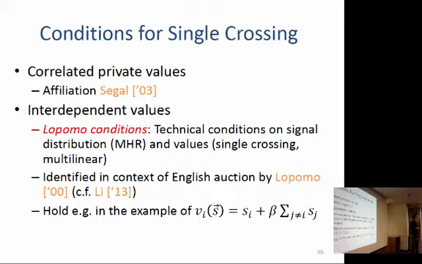I'm hiding the details here, but I want to give you just the feel of what these conditions are. And if they hold, then we have single crossing. I also want to point out that in the example of the value that is a linear combination of the signals, we have everything that's required from the Lemma conditions.